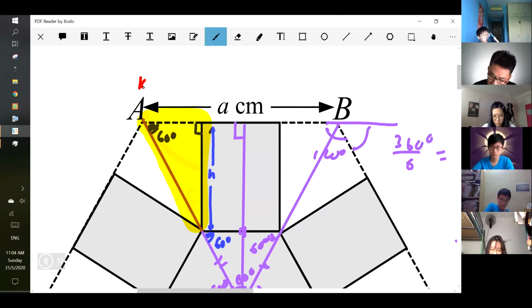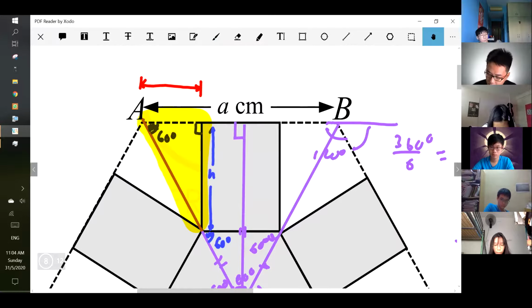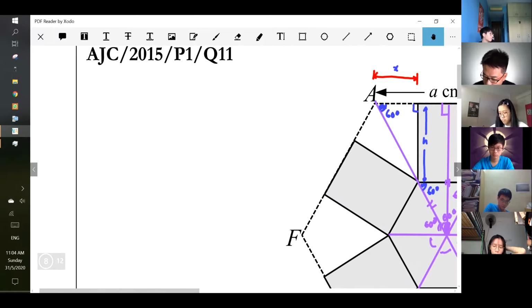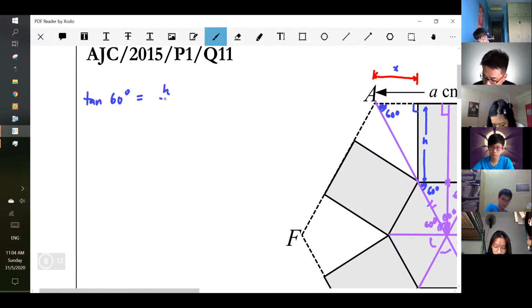So this thing here you can actually find. So how do you find this in terms of H? So if this is X, right, what would this be? Okay, so tangent 60 is H over X. So X equals, maybe I should just write, tangent 60 is root 3.